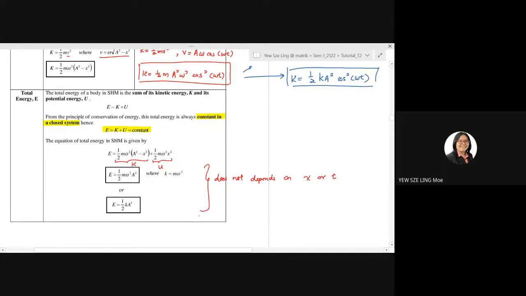So if the question asks you to calculate total energy, straight away you can get the value if you are given the amplitude. It's very simple. You don't have to search for x or t. There's no sine or cos function. Basically, you just have one equation for total energy, which is a constant value.